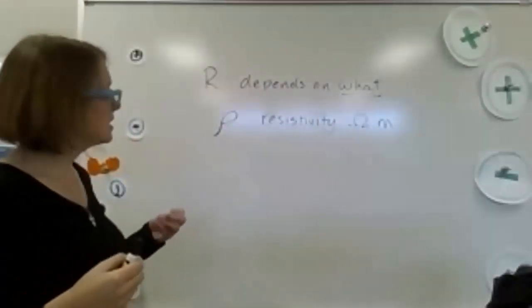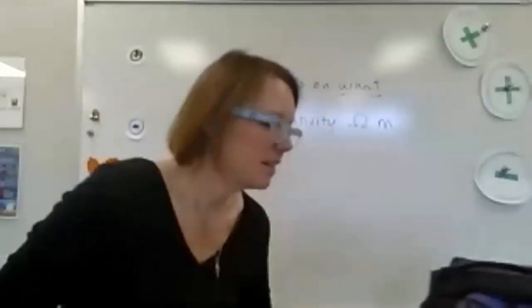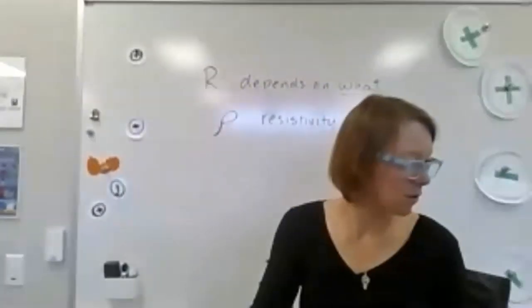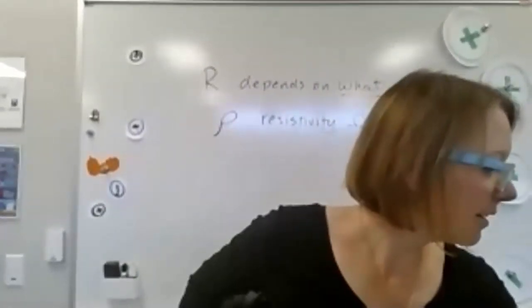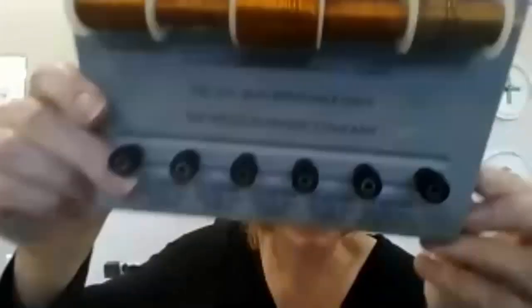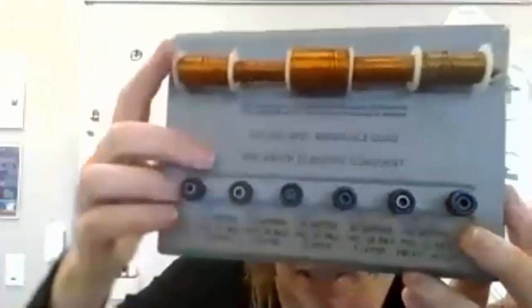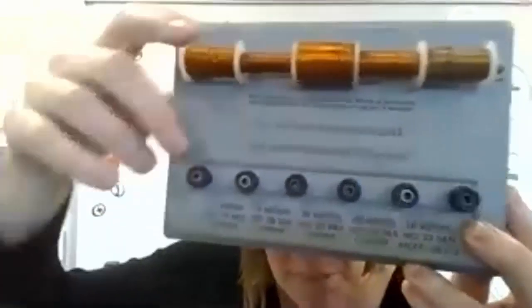Another thing about resistance is the longer the wire, the more resistance there is. So I have a couple of old school examples here. This is a very old school piece of lab equipment. And it's basically a bunch of different spools of wire.